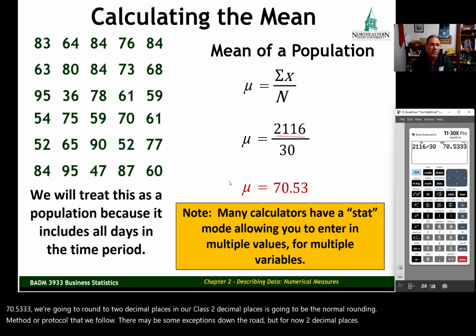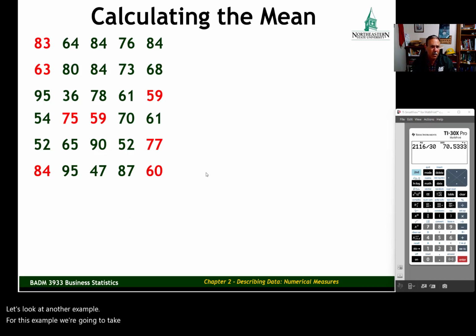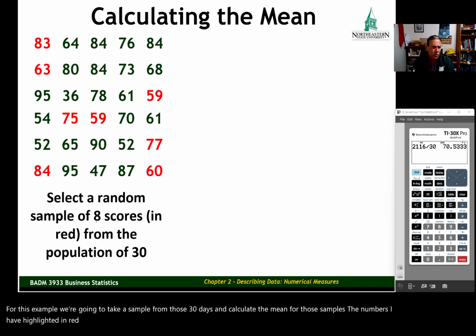All right, let's look at another example. For this example, we're going to take a sample from those 30 days and calculate the mean for those samples. The numbers I have highlighted in red represent a random sample of 8 scores from the population of 30.